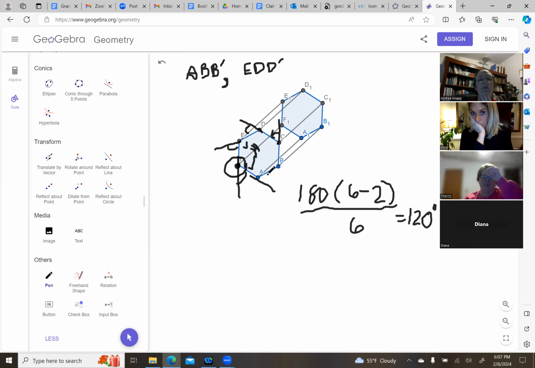But that is an interesting property: with your regular polygons, the exterior angles will always sum to 360, even for a regular pentagon, heptagon, an equilateral triangle, a square.